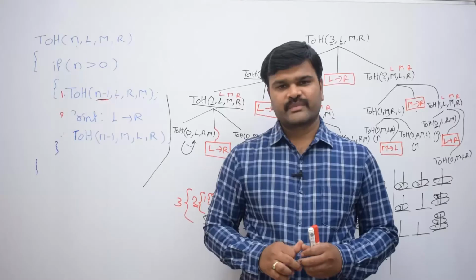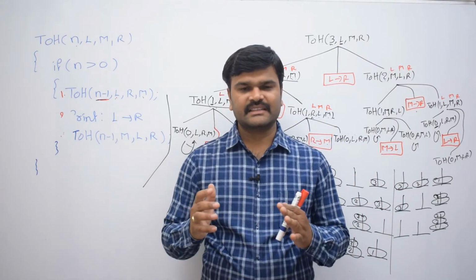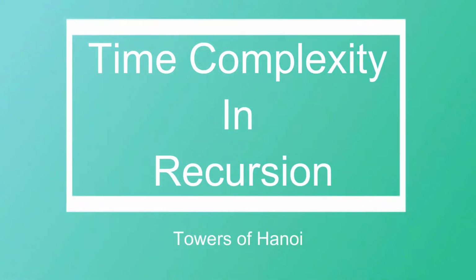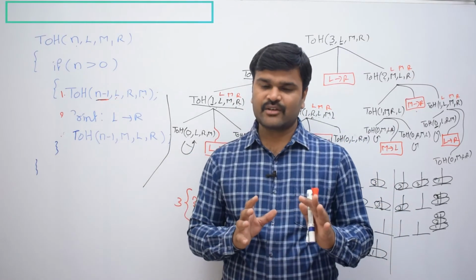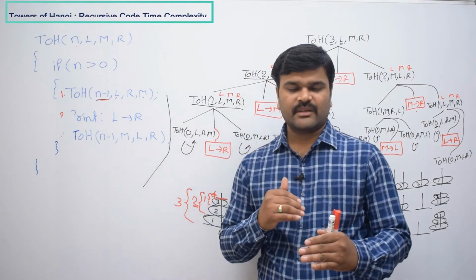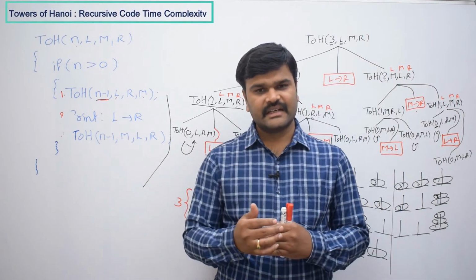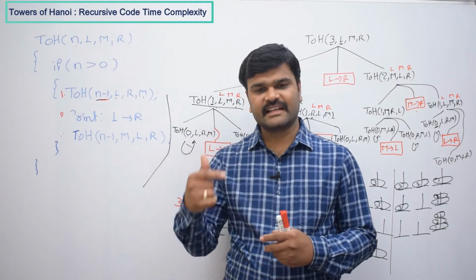Okay, so now let us see what is the time complexity for the towers of Hanoi, for the recursive code. Here we already discussed what is the time complexity for a recursive code. Suppose in the iterative case, if it is a loop, what is the time complexity, how many times it is iterating.